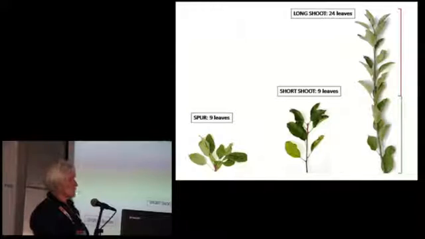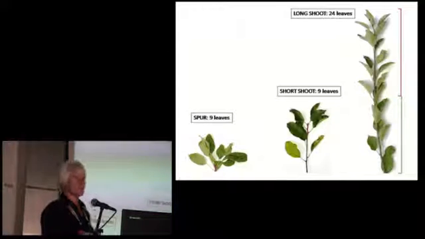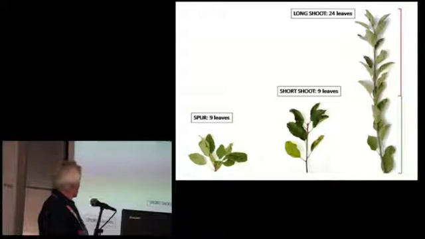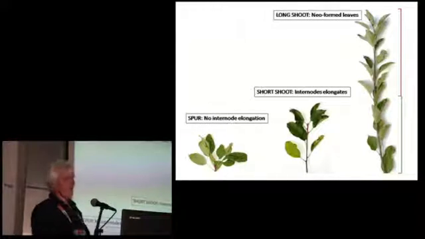This is a short shoot, also containing 9 leaves. And then we've got a long shoot, and I cut it off at one point, but it contains, in this case, 24 leaves.